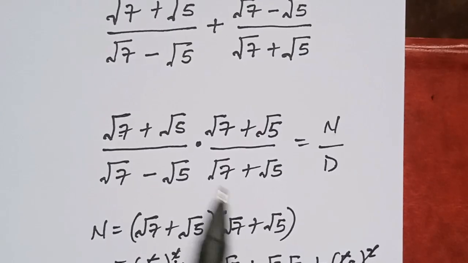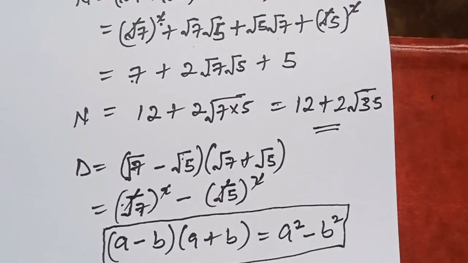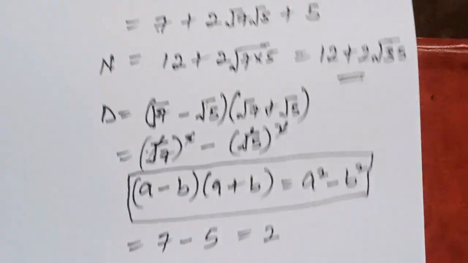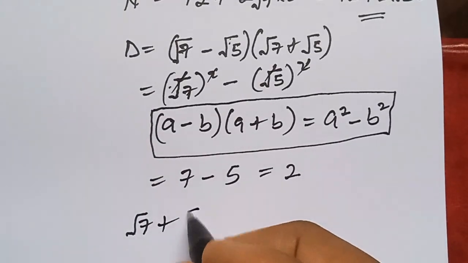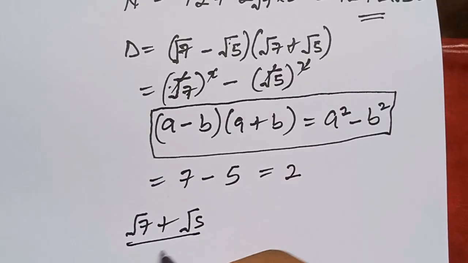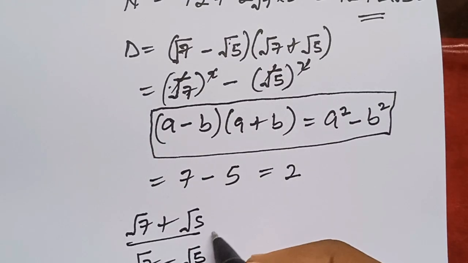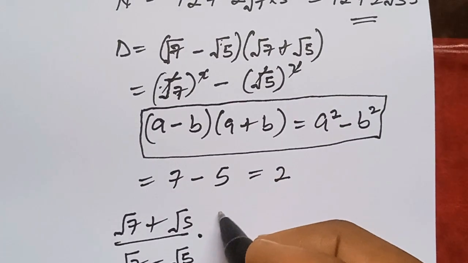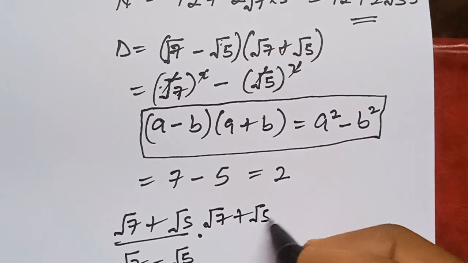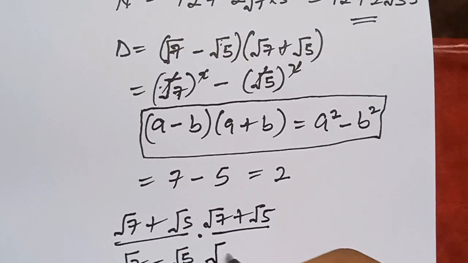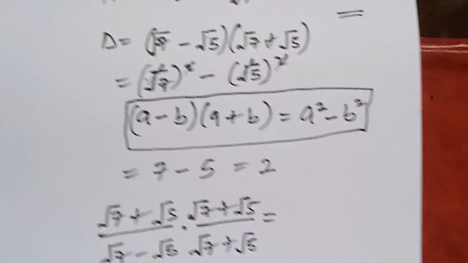So for our expression over here, we then have it expressed as square root of 7 plus square root of 5 over square root of 7 minus square root of 5, multiplied by the conjugate square root of 7 plus square root of 5 over square root of 7 plus square root of 5. So this is what we result to.